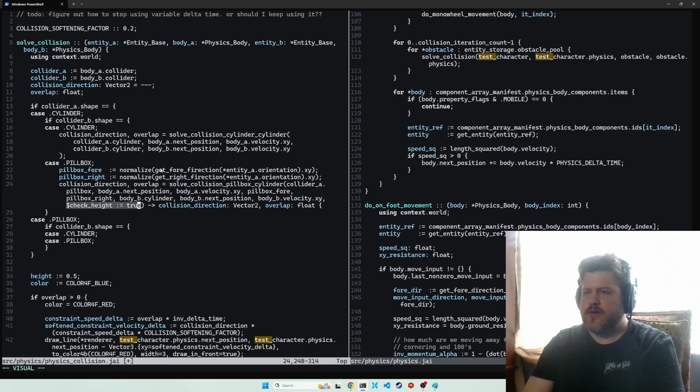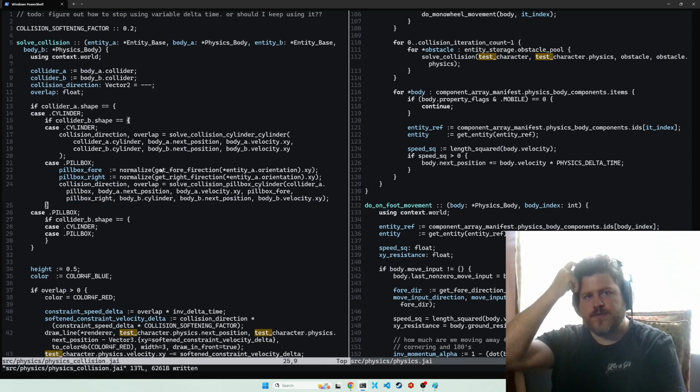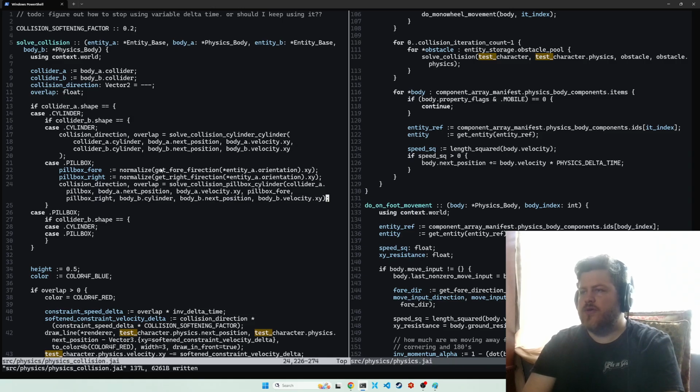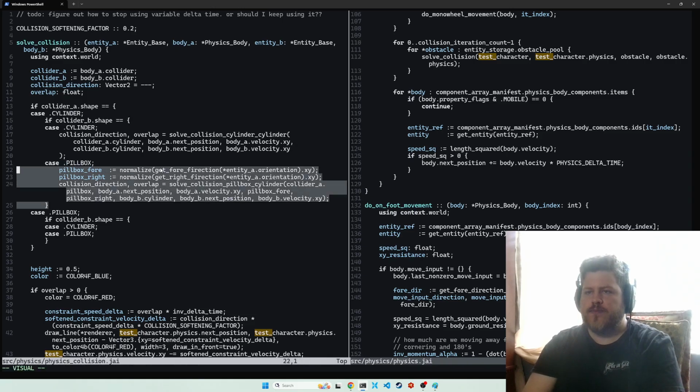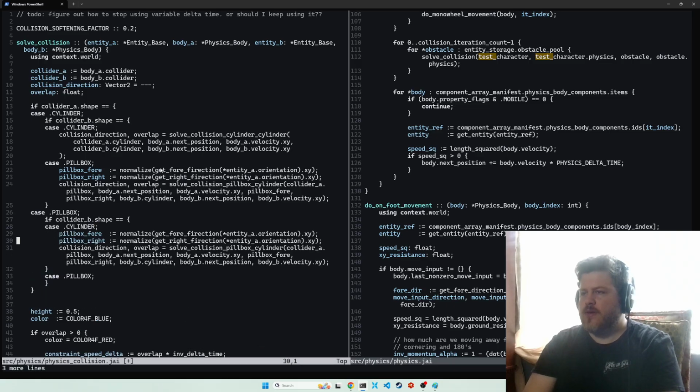And we're not checking height, but that doesn't matter. Okay. Nice. You can do the same exact thing, and it's the other way around. So when A is a pillbox and B is a cylinder, just do the same thing, but flip it around. Right?